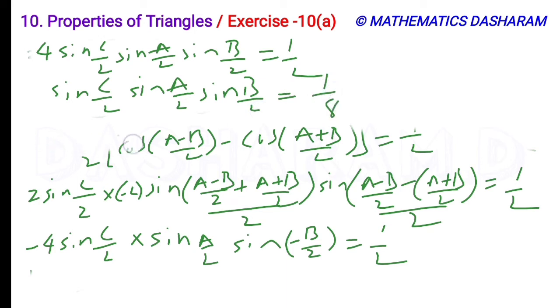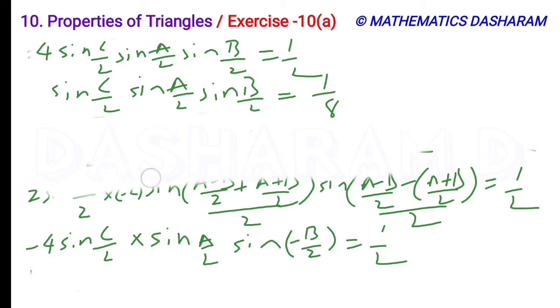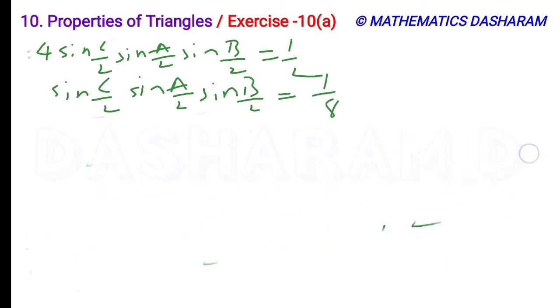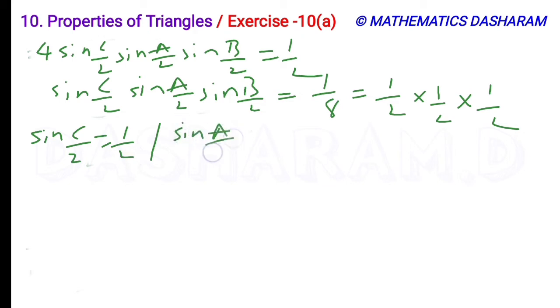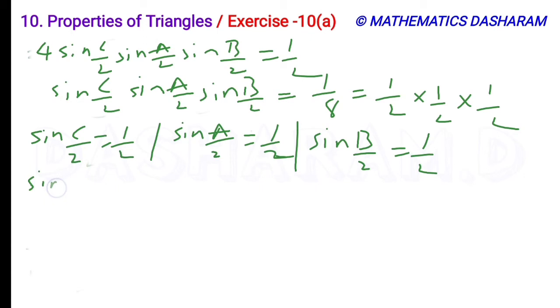So to show the equilateral triangle, here I am going to write 1/8 as 1/2 into 1/2 into 1/2. So compare LHS and RHS. If we compare both LHS and RHS, sin C/2 will become 1/2, sin A/2 is equal to 1/2, and next sin B/2 equals 1/2. So sin C/2 equals 1/2, and sin 1/2 equals sin 30 degrees.